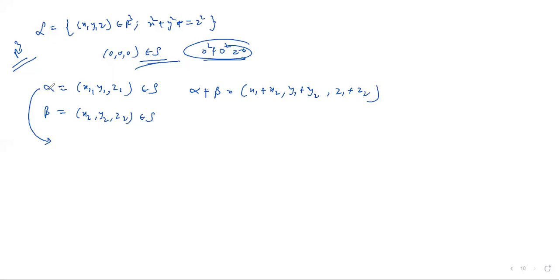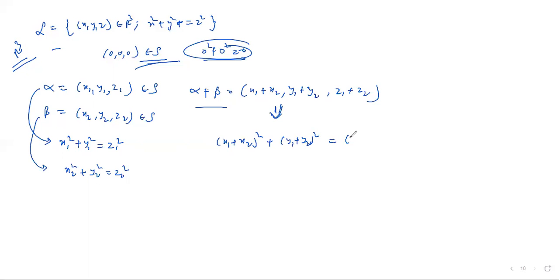If alpha is in S, then x1 square plus y1 square equals z1 square, and for beta, x2 square plus y2 square equals z2 square. By the definition of S, the sum has to satisfy (x1 plus x2) square plus (y1 plus y2) square equals (z1 plus z2) square. But this is not always the case.